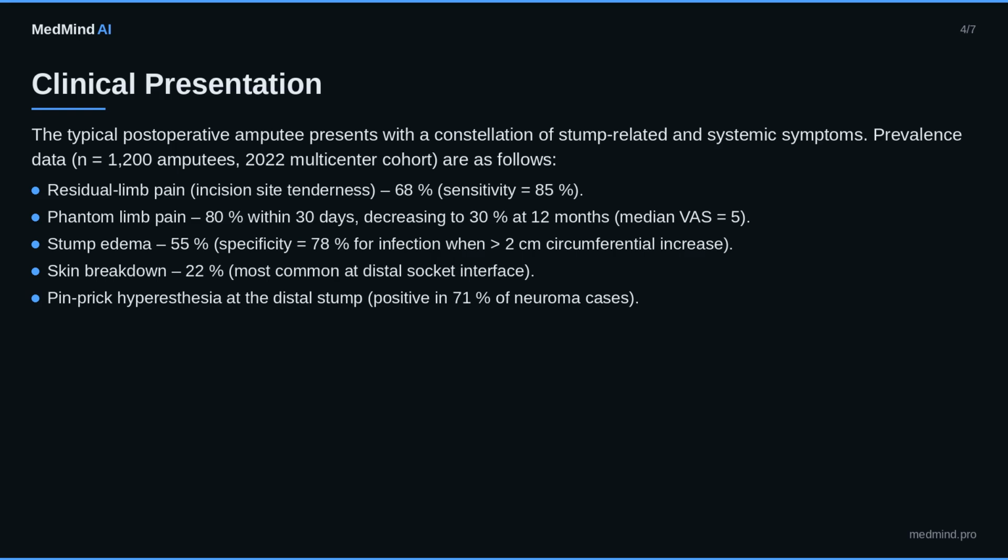Phantom limb pain 80% within 30 days, decreasing to 30% at 12 months, median VAS equals 5. Stump edema 55%, specificity equals 78% for infection when greater than 2 cm circumferential increase. Skin breakdown 22%, most common at distal socket interface.